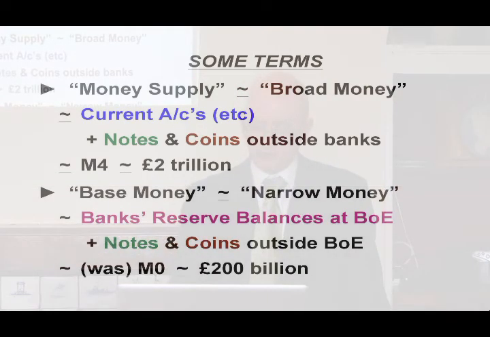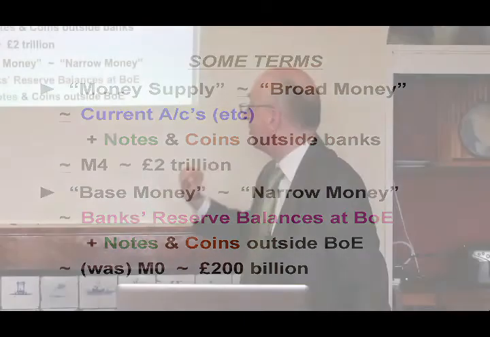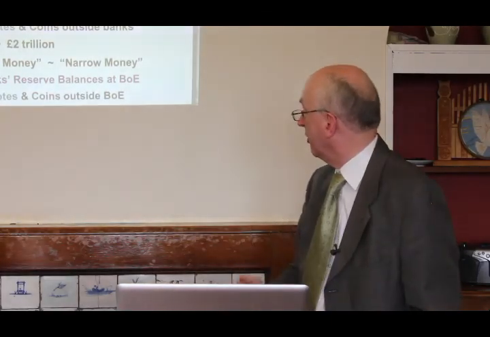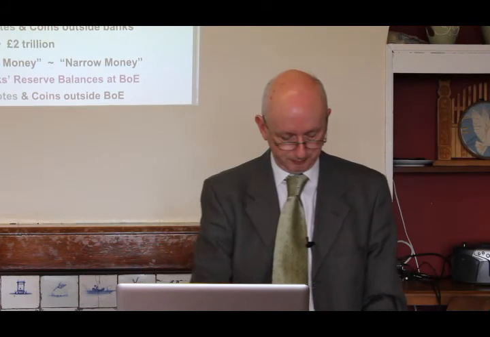Another key statistic, base money, which can be called narrow money, is basically the banks' reserve balances at the Bank of England, our purple money, together with notes and coins outside the Bank of England. Just to go back to the current account money, I've said etc. because there are one or two other things that are counted in there as well.